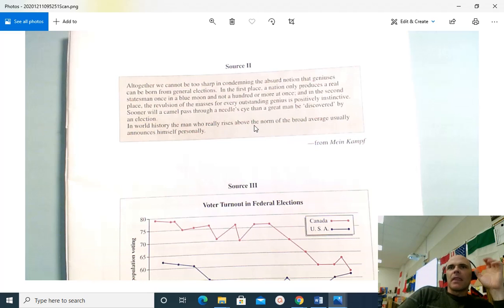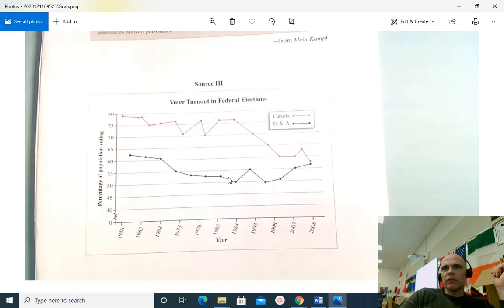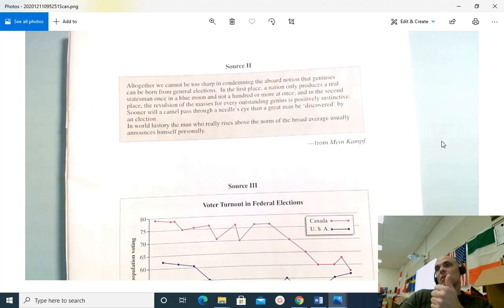That democracy is flawed because it will not produce enough real statesmen at the same time to provide the bodies needed in an elected assembly. So this one's showing the flaws of democracy, the flaws of elections. This one's showing a flaw of election being apathy. So to what extent are democratic elections flawed? Would be something that's maybe more precise, right?